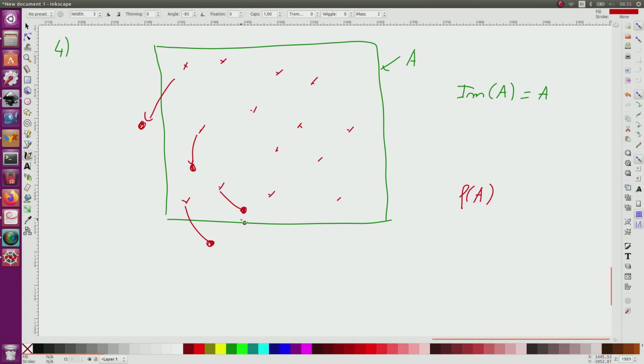I will generate a new cloud of points, and I will only keep the points that are inside A. So I will have an approximation of f of A.